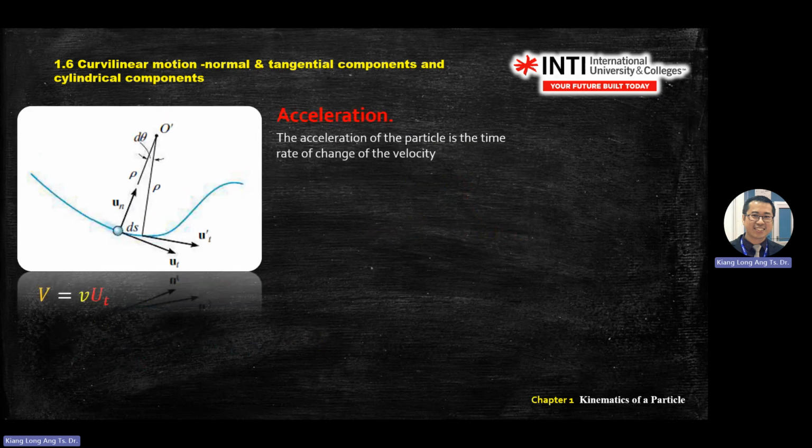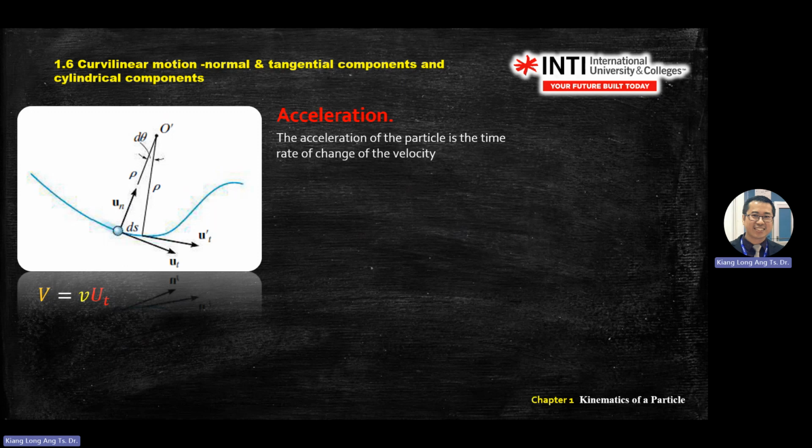Acceleration is just now the vector velocity, equal to magnitude V, direction ut. So to get acceleration, the earlier definition of acceleration is dv dt. So we need to take this one and do time differentiation. However, this one has two parameters here.